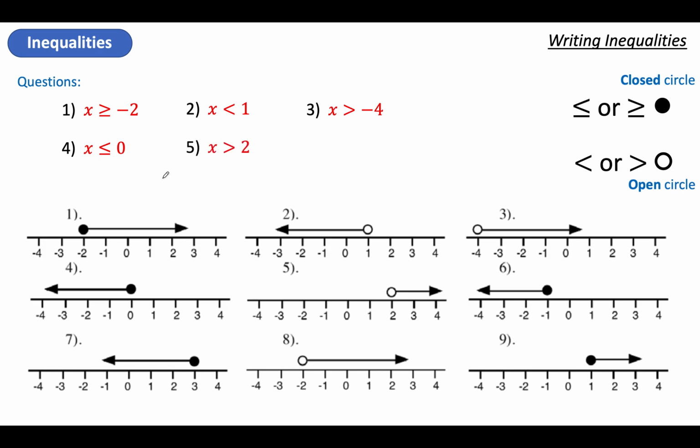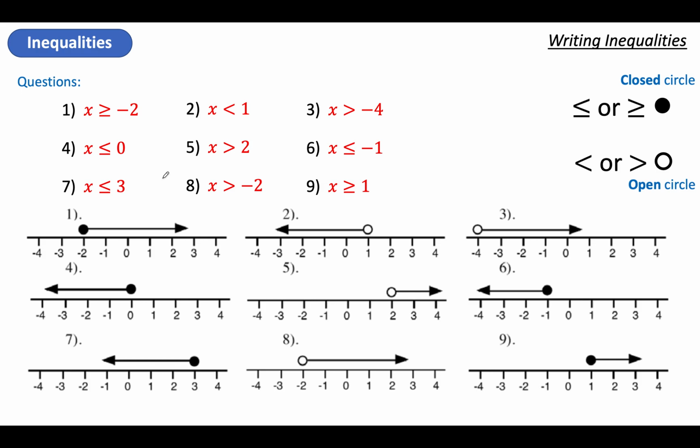Number 5, x is greater than 2. Number 6, x is less than or equal to -1. 7, x is less than or equal to 3. 8 is x is greater than -2. And lastly, x is greater than or equal to 1.